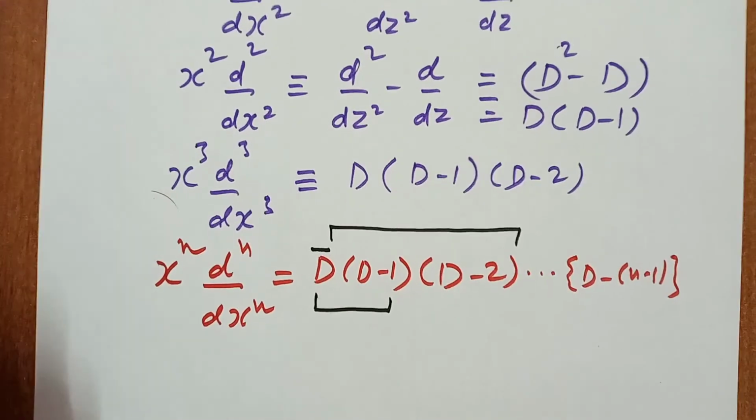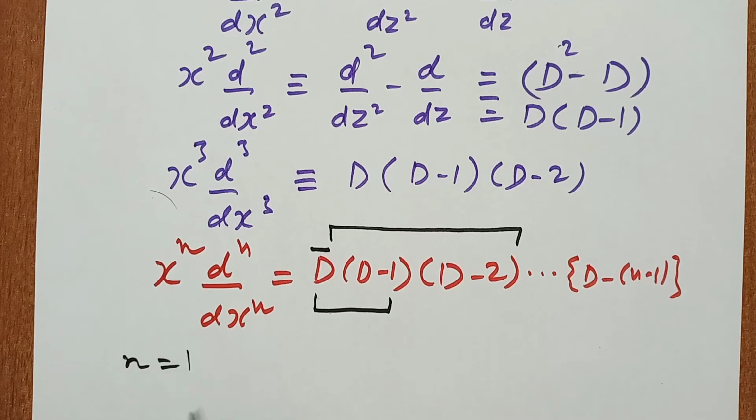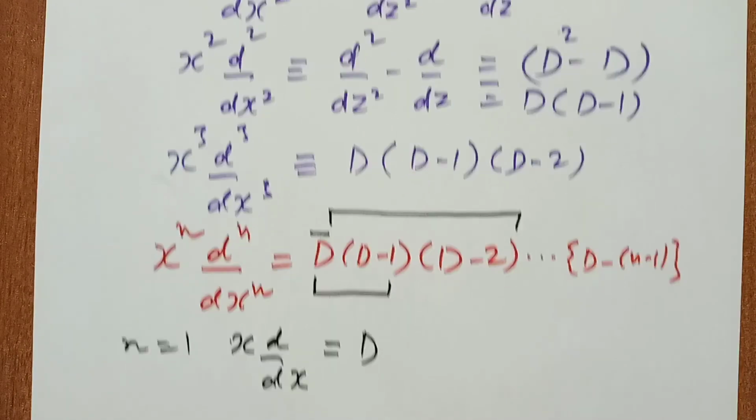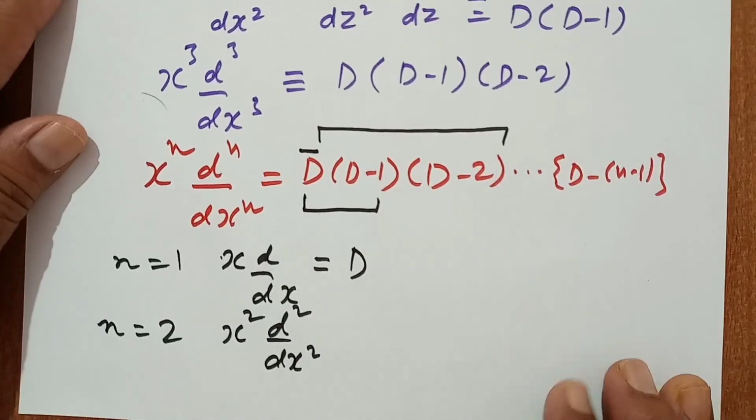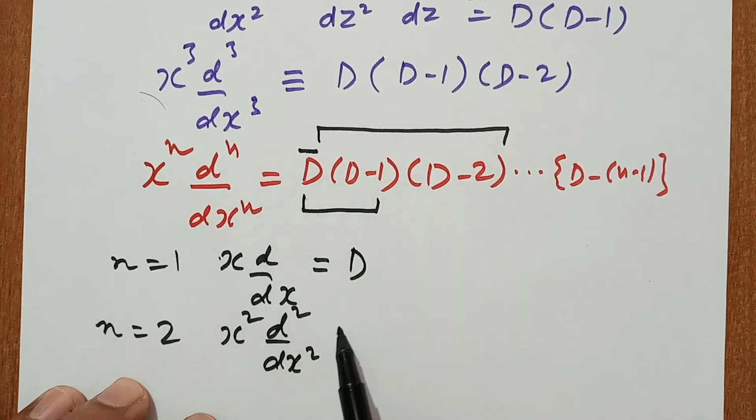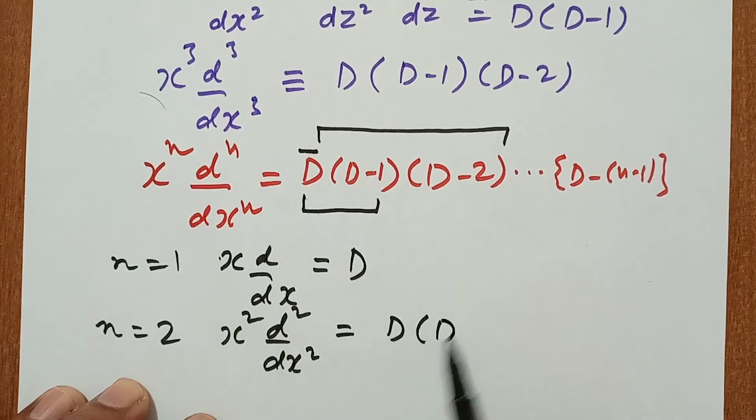For n equal to 1, x dy dx, this is only D, the first term. For n equal to 2, x square d2y dx2, you will take two terms, D(D minus 1).